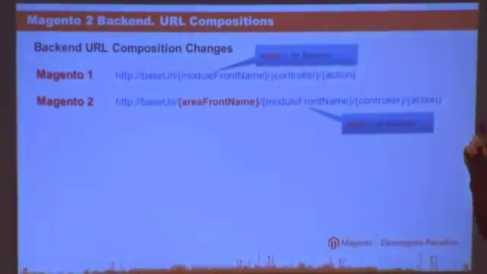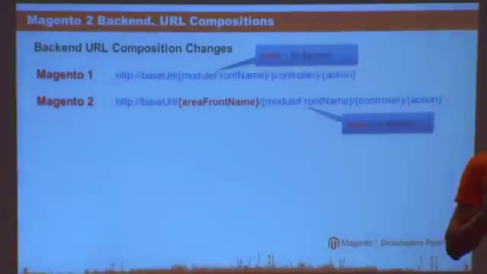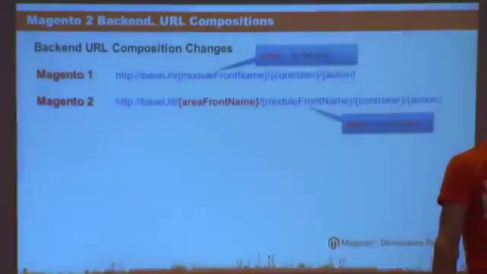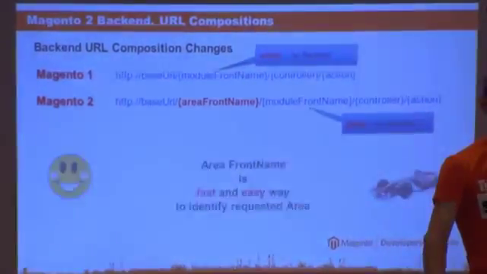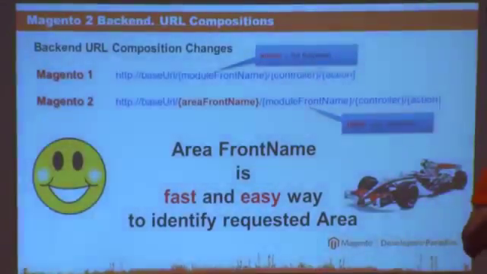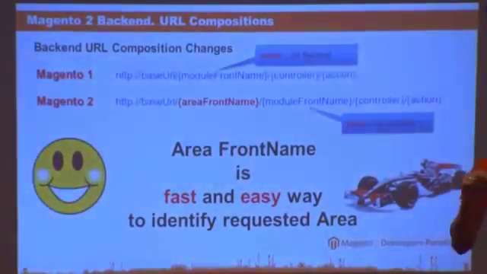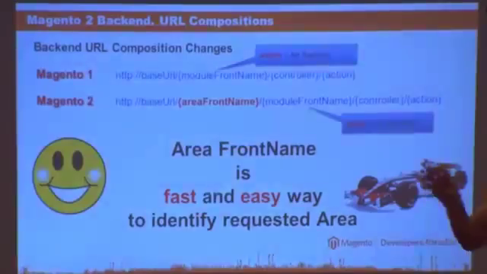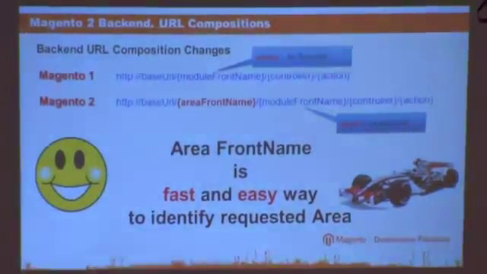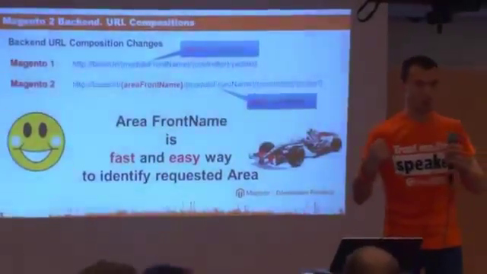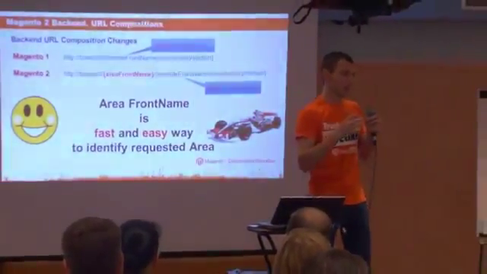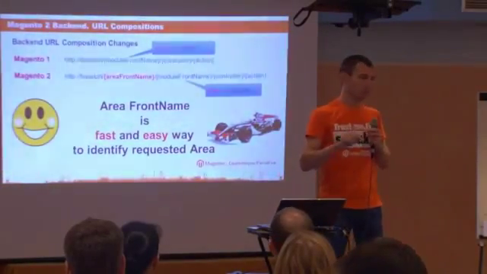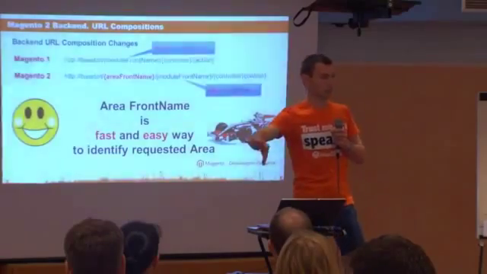And in Magento 2, you can use any module front name when you work in the admin area. This approach gives us at least 2 valuable capabilities. The first one, we have resolved the controller naming conflict. And the second one is that the area front name is a fast and easy way to identify the requested area. The area router just extracts the first parameter from the request, this is the area front name, and gets this area front name from the area configuration, and using simple string comparison can give us a fast negative answer if the requested URL doesn't belong to this area and gives control to another router.